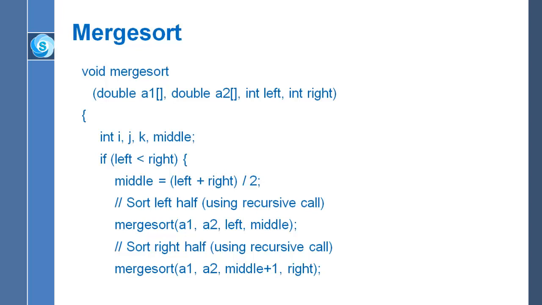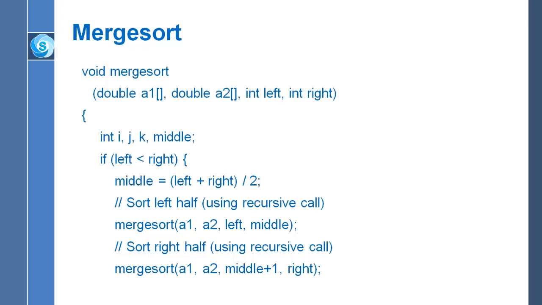And A2 is simply the auxiliary array that we're going to use as a scratch pad. Okay, the third and fourth parameters, left and right, specify the beginning and end of a portion of the array that we currently want to sort.